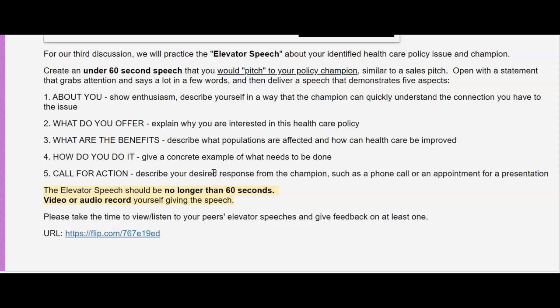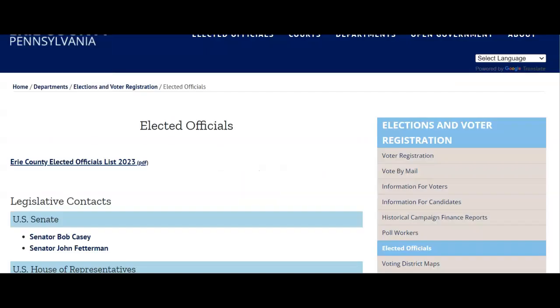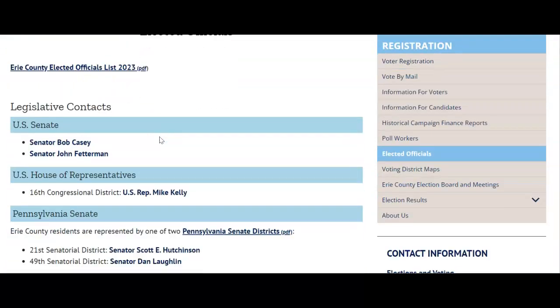This is more of a creative process this week as far as picking a champion, but I want you to be able to at least identify who the major players are. Who do you think can help you as far as contacting? For instance, when I was looking at what I just shared with you about the faculty shortage, I also went to Erie County, Pennsylvania and looked at my elected officials.